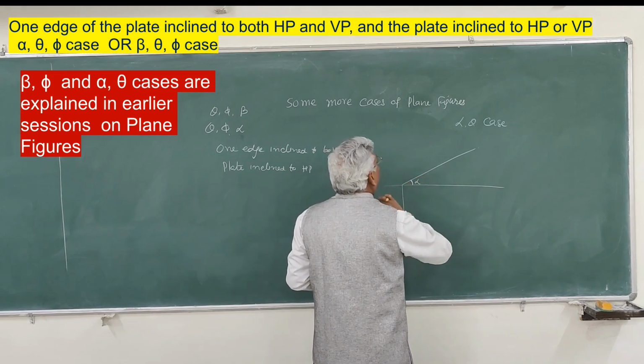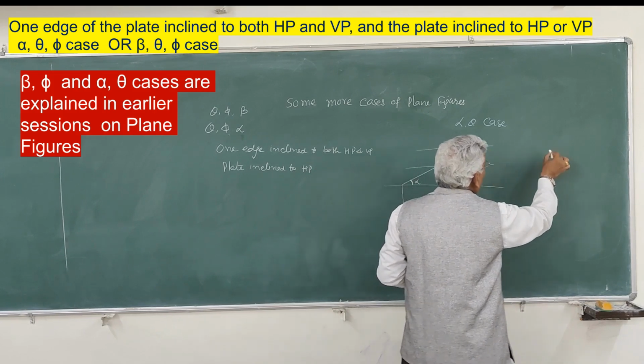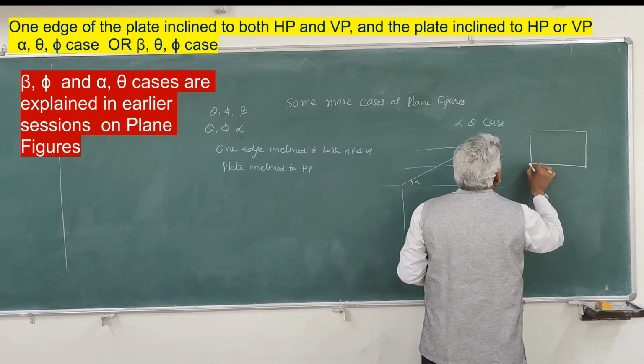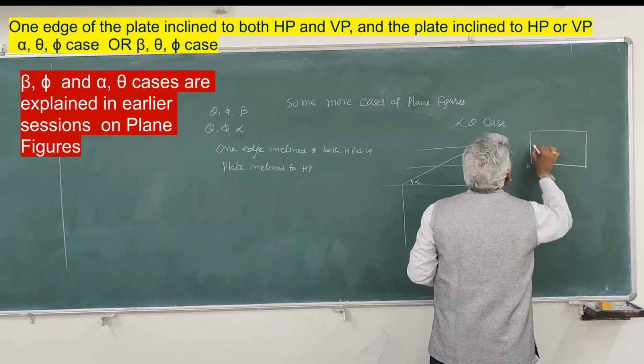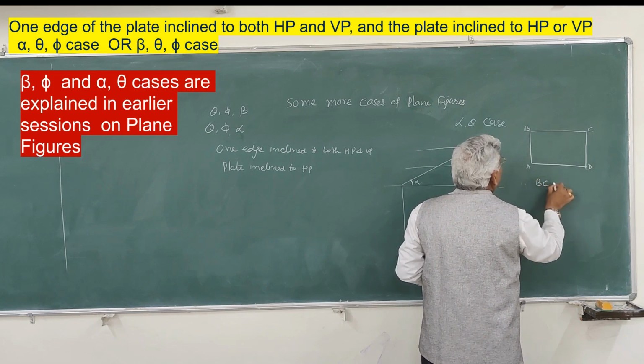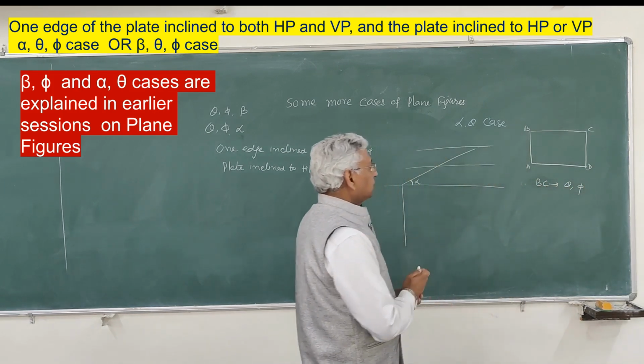So this is angle alpha, and here you take, let us say, a rectangular plate ABCD. Say BC makes angle theta and phi.